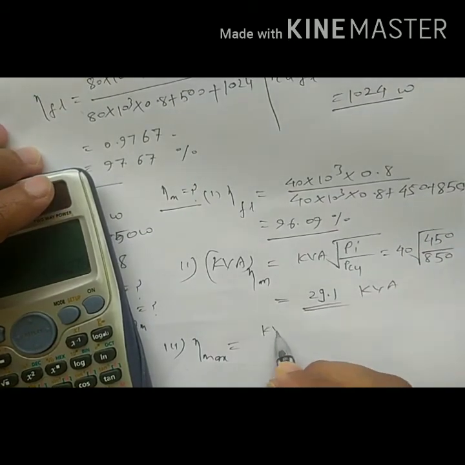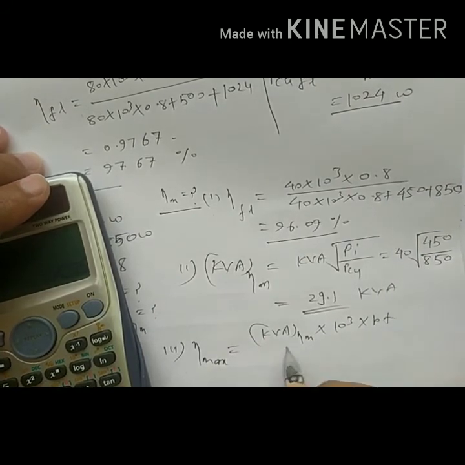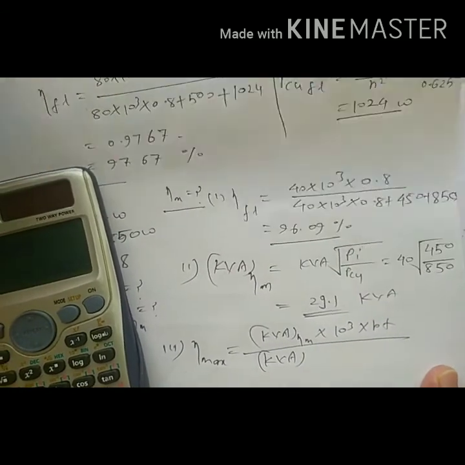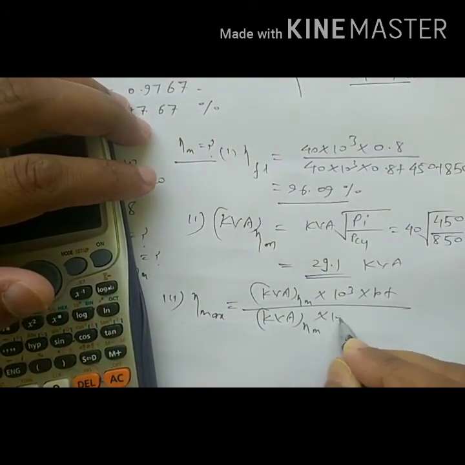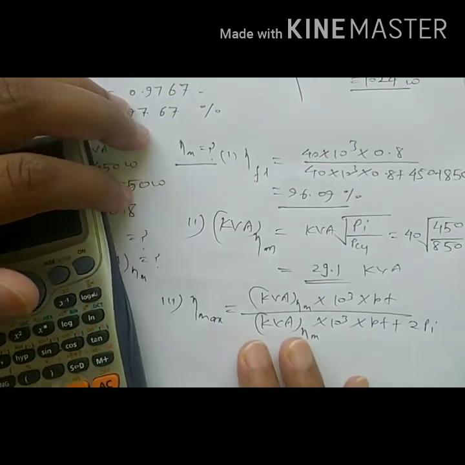What is the formula? kVA at eta max into 10 power 3 into power factor divided by kVA at eta max into 10 power 3 into power factor plus 2 Pi.